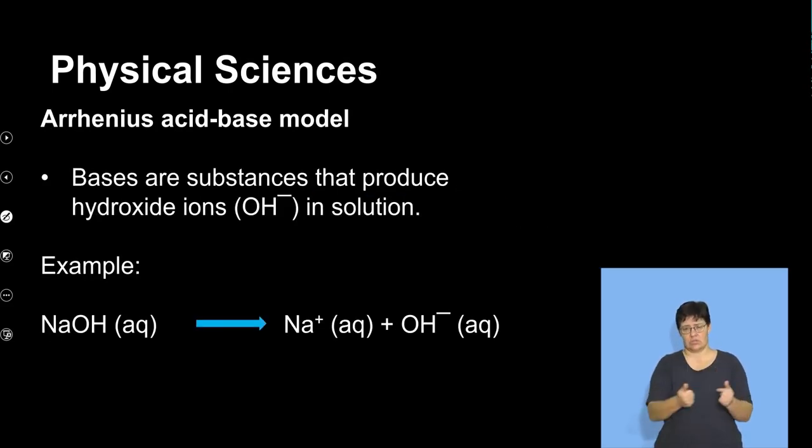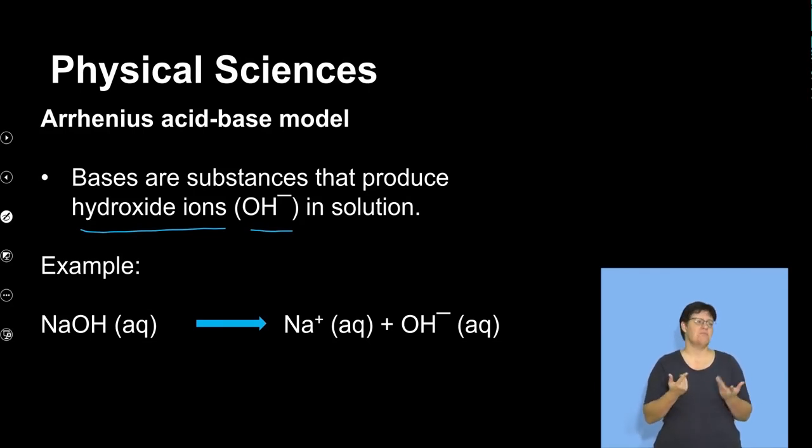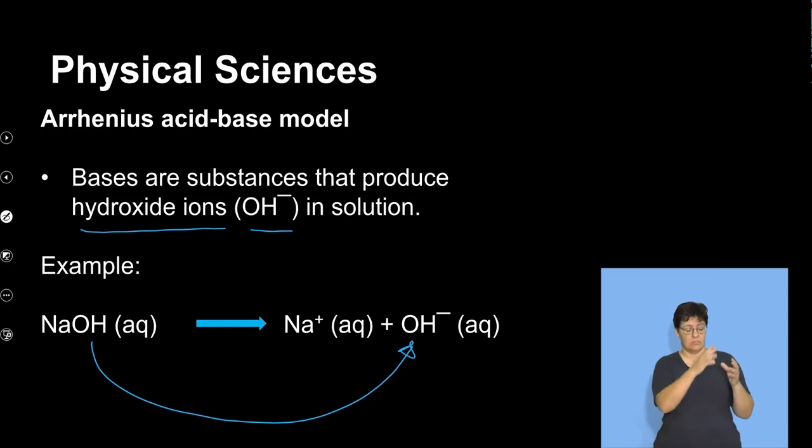Right, what about bases according to this theory of Arrhenius, right? These are substances that produce hydroxide ions. Take note, the formula of the hydroxide ion is OH minus. Now, take for argument's sake, if this substance dissociates, it breaks down and will form this ion, which is the hydroxide ion.